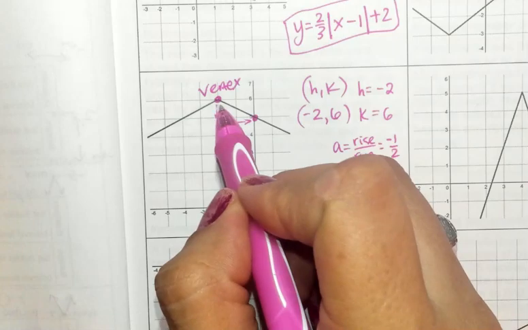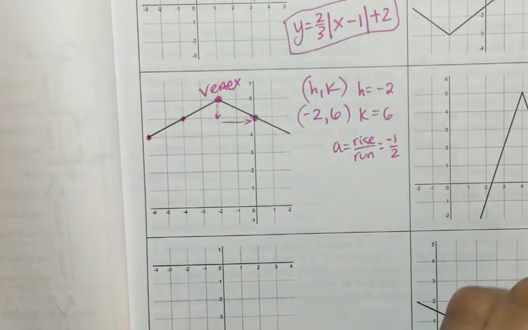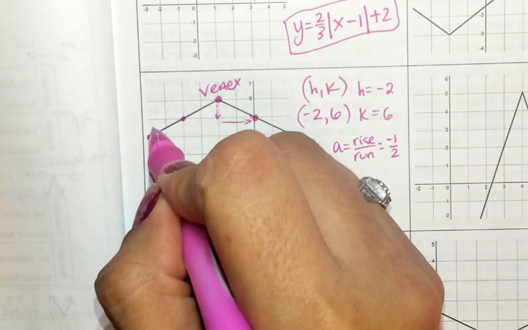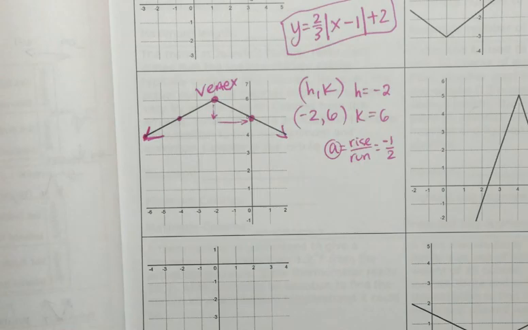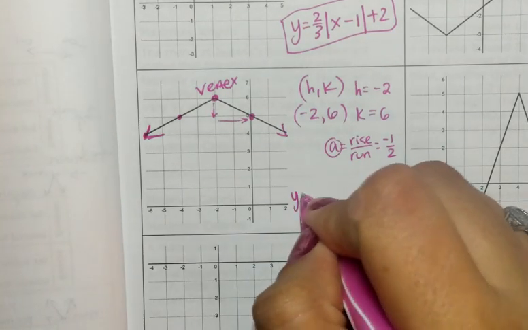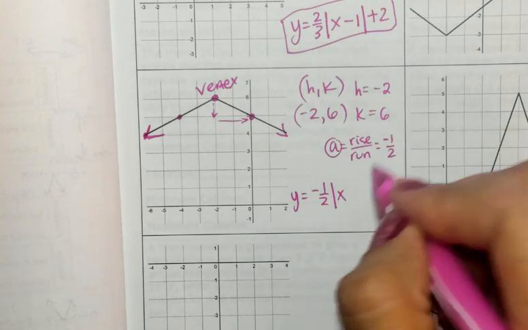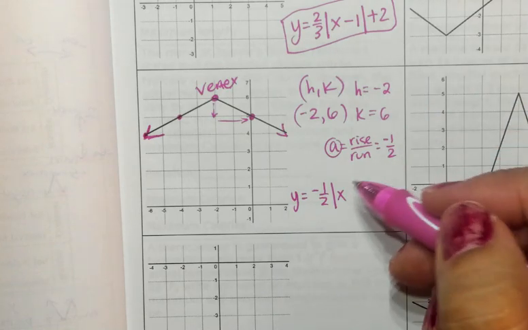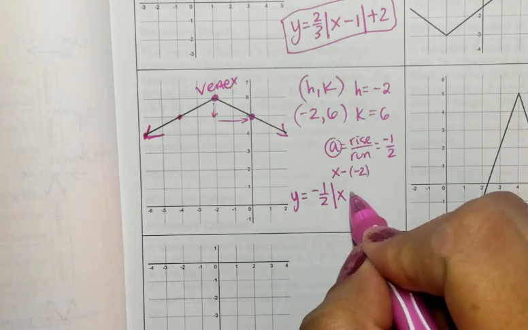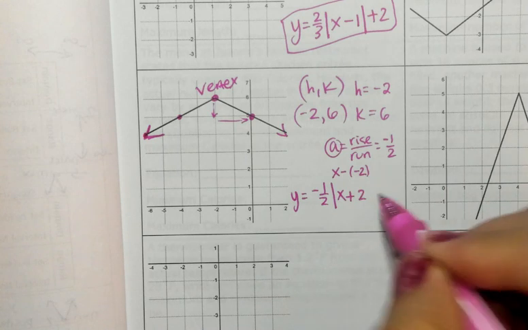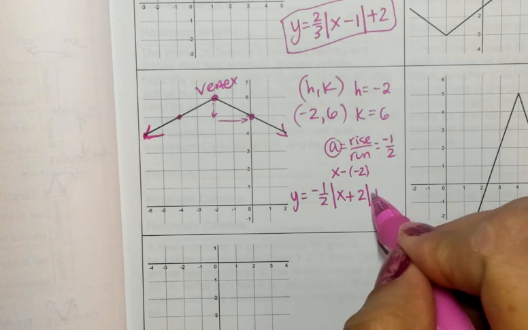To double check, you can always go the other way: down, left, down, left. The fact that the graph is opening down means our a value has to stay negative. So let's put it together: y equals negative 1/2 absolute value of x minus h. Remember that when you have x minus h, it's x minus a negative, which ends up looking as x plus a number. So we'll have x plus 2 and then plus 6.